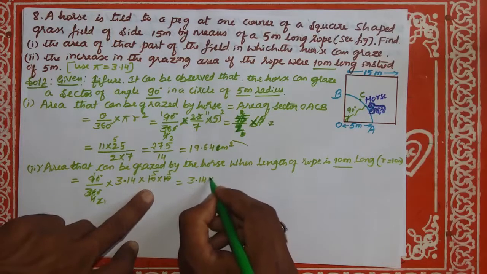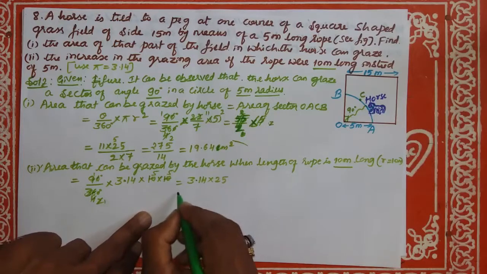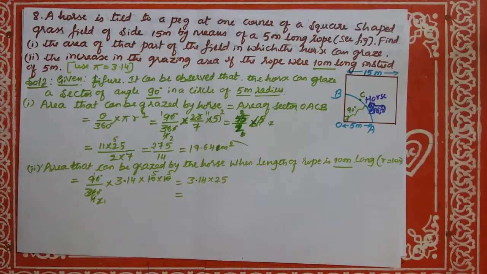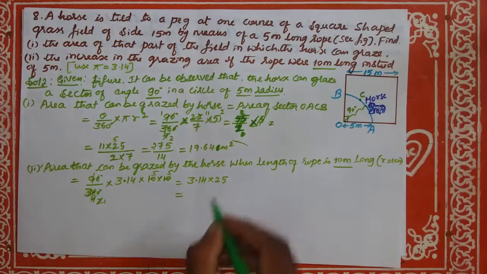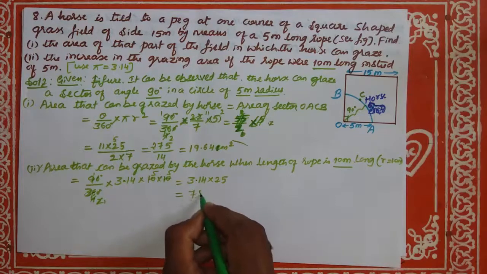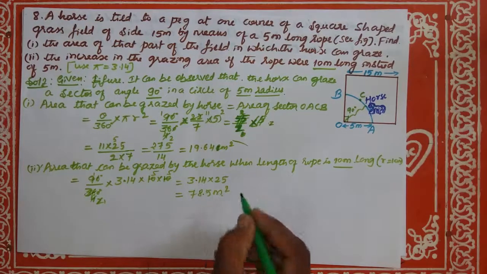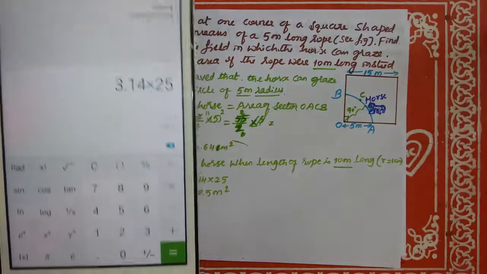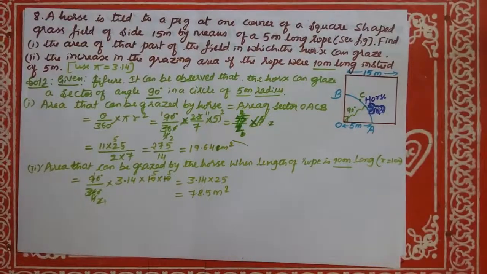So 3.14 into 25, which is 78.5 square meter.